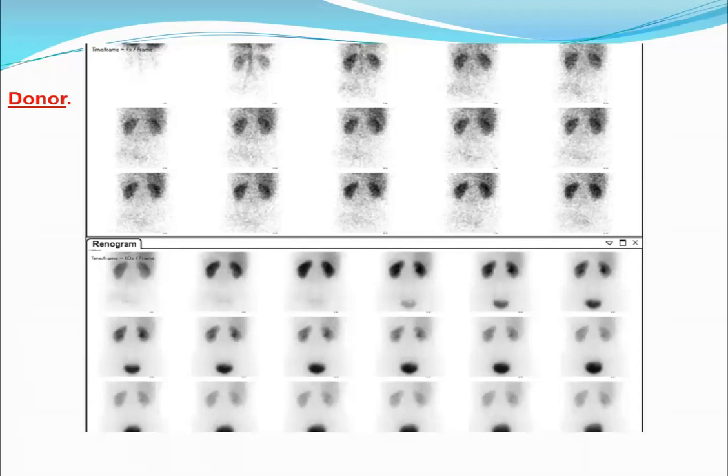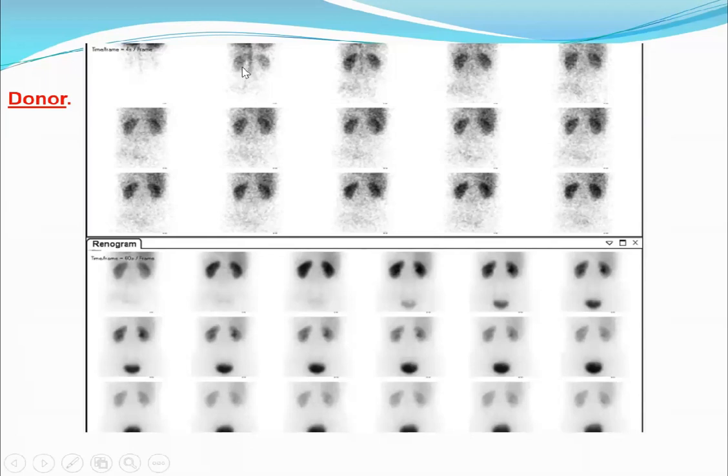And as we see here, this is the perfusion phase. This is the left kidney and this is the right kidney. If you notice and compare left to the right, both are normal, yes, but the right kidney showed slight mild relative reduction in comparison to the left side.